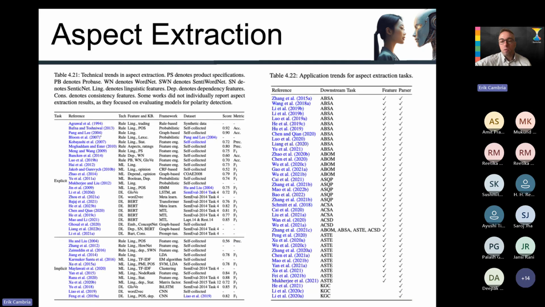And here, once again, you have different subtasks of aspect extraction. In general, aspect extraction is what we call ABSA, aspect-based sentiment analysis, when you apply aspect extraction for polarity detection. But then there are also some other facets that look, for example, at aspect term extraction versus aspect category.